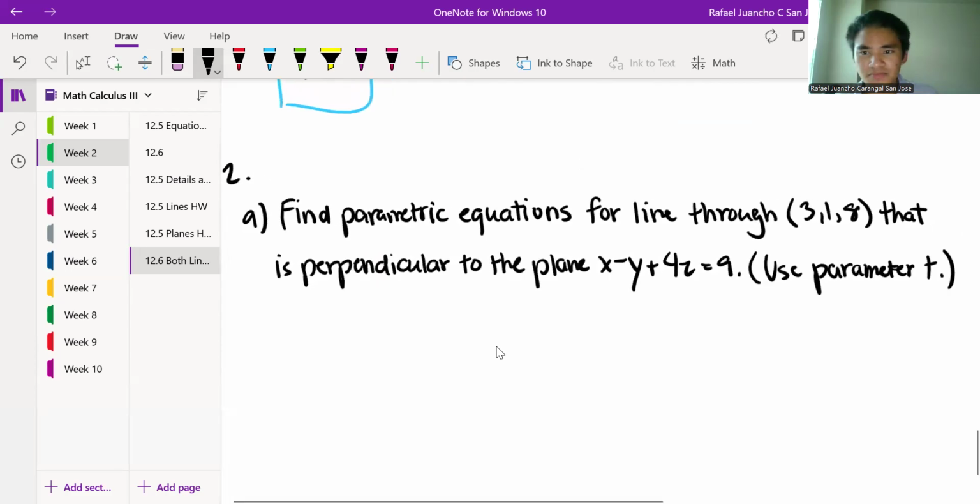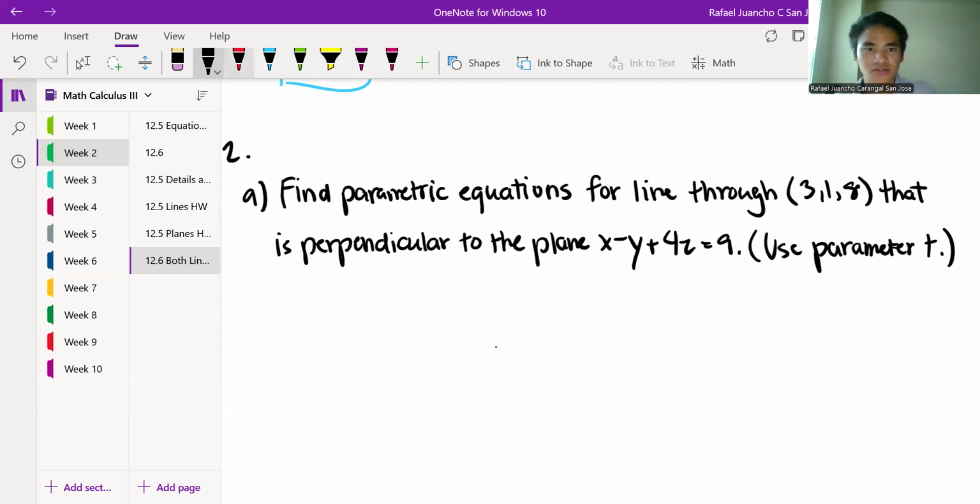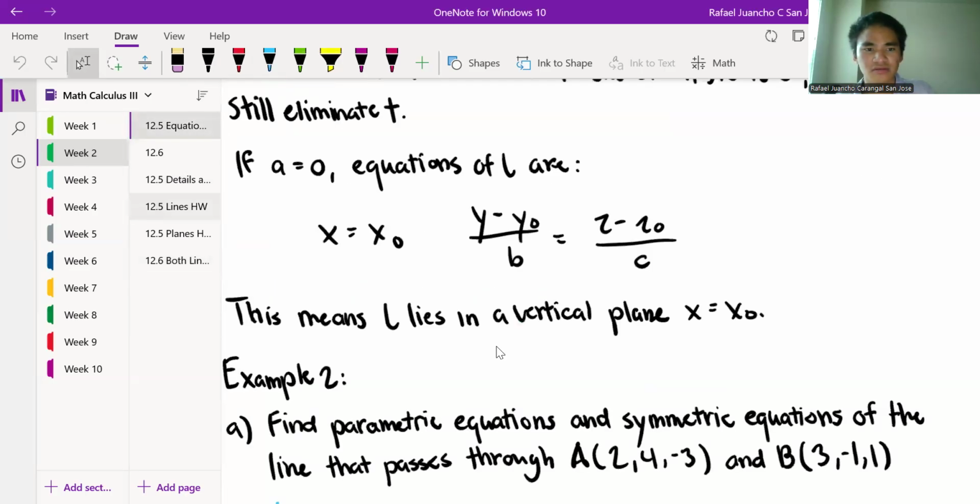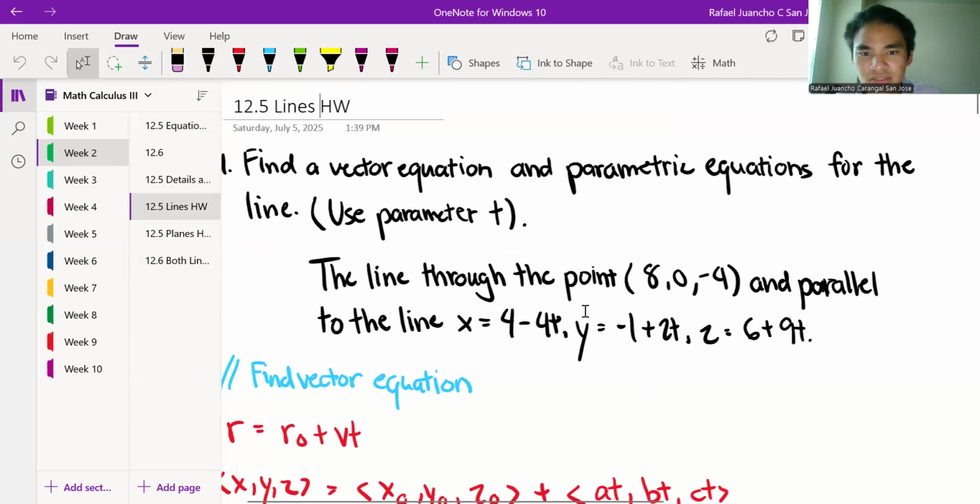So for lines, we're gonna want to find a direction vector v. I think it was v, right?